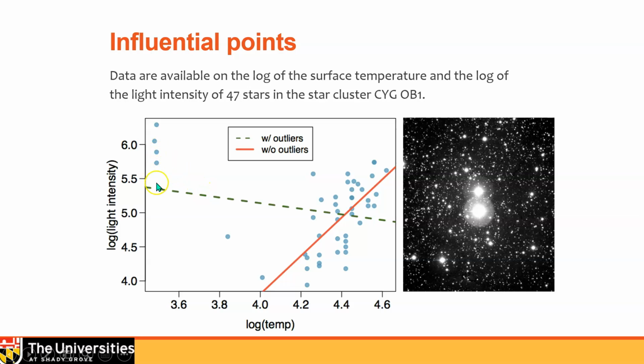If we include the outliers, we've got a negative regression line. Notice it's influential. It pulls the regression line upward here to the left and then down to the right. If we exclude these outliers, we've got a very different relationship, a positive relationship.